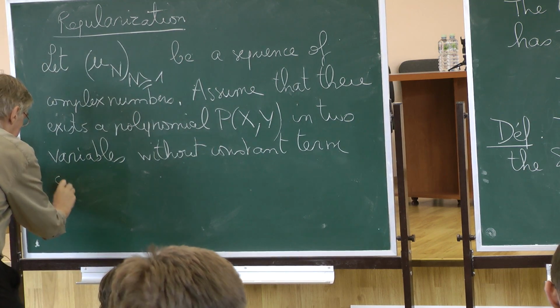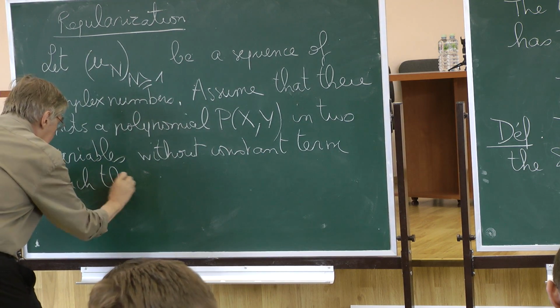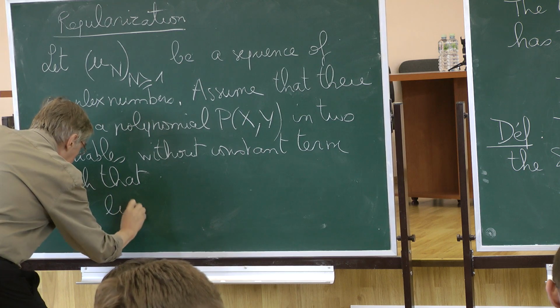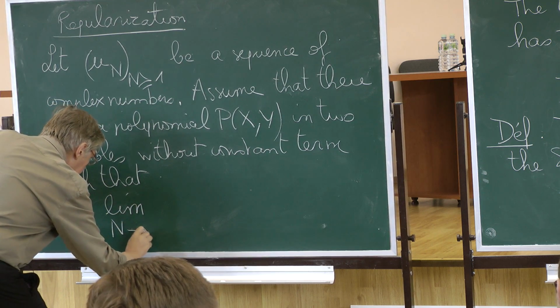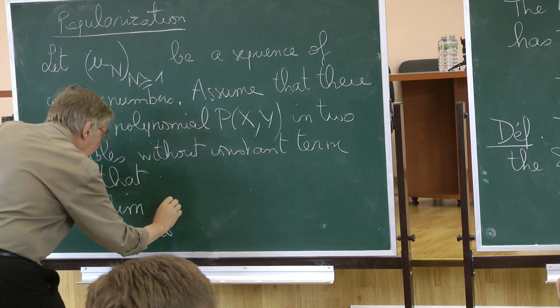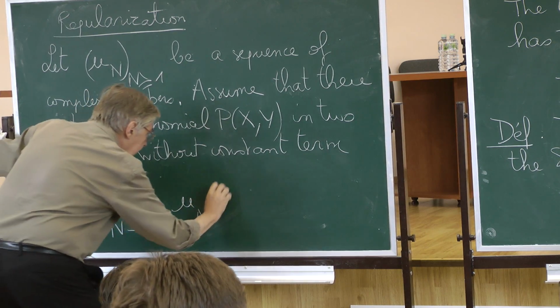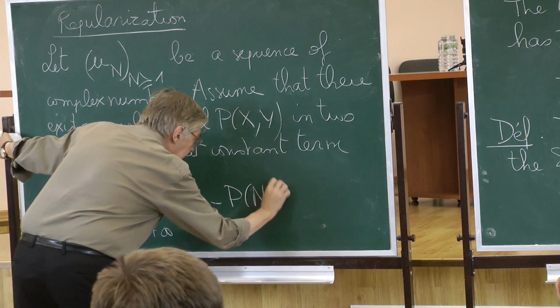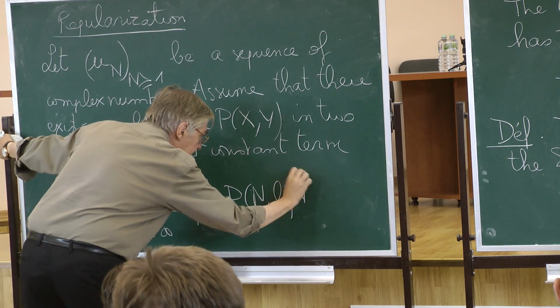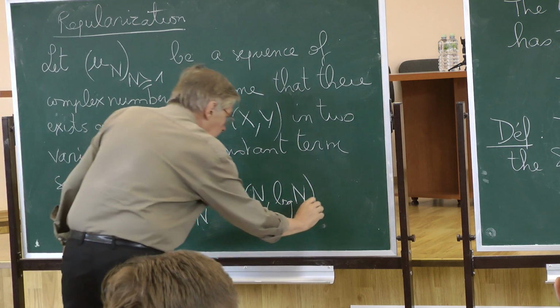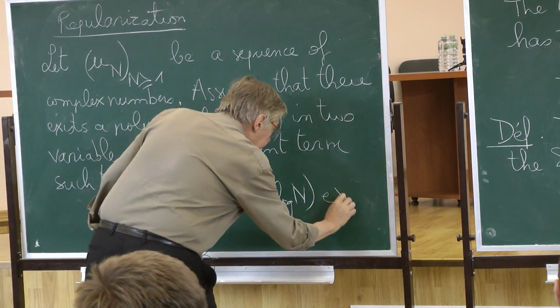the limit, when capital N goes to plus infinity, of u_N minus P of N and log N exists.